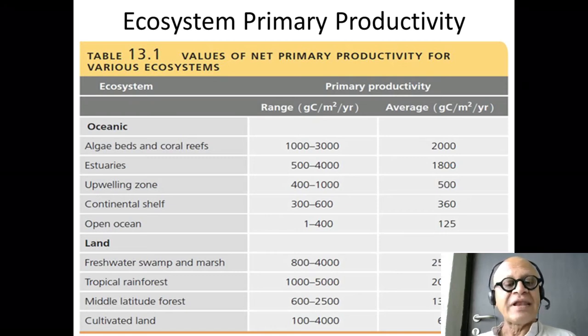So if you compare to land, freshwater swamps and marsh have slightly more average primary production than the most productive ocean regions. Tropical rainforests are, of course, lot of biodiversity, lot of primary production. Mid-latitude forests and cultivated land. So obviously cultivated land is very ineffective, but nonetheless it's what we eat, grains and vegetables and fruits and so on, right? But what is the difference?